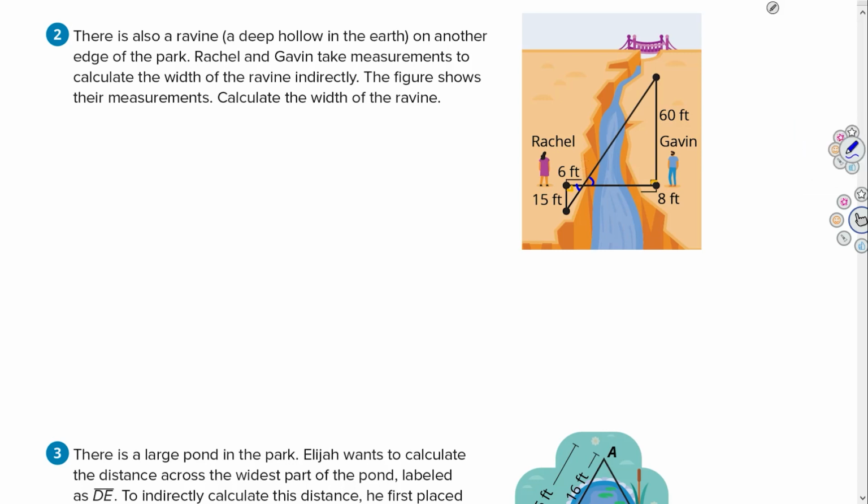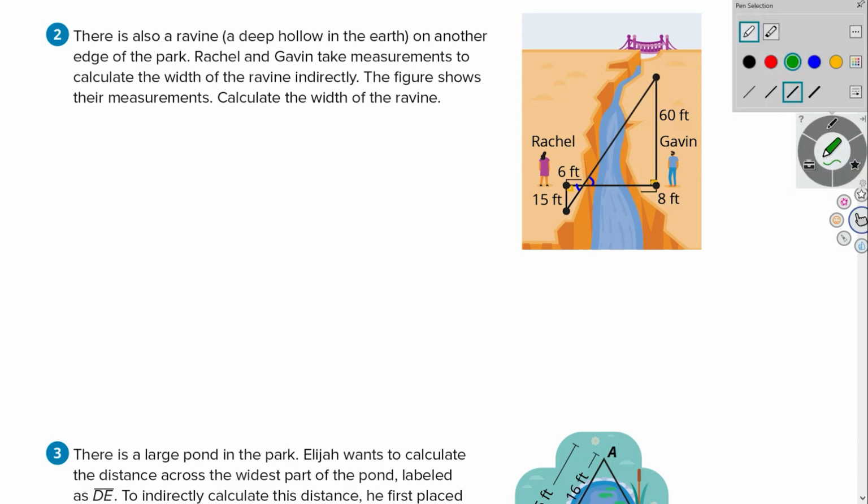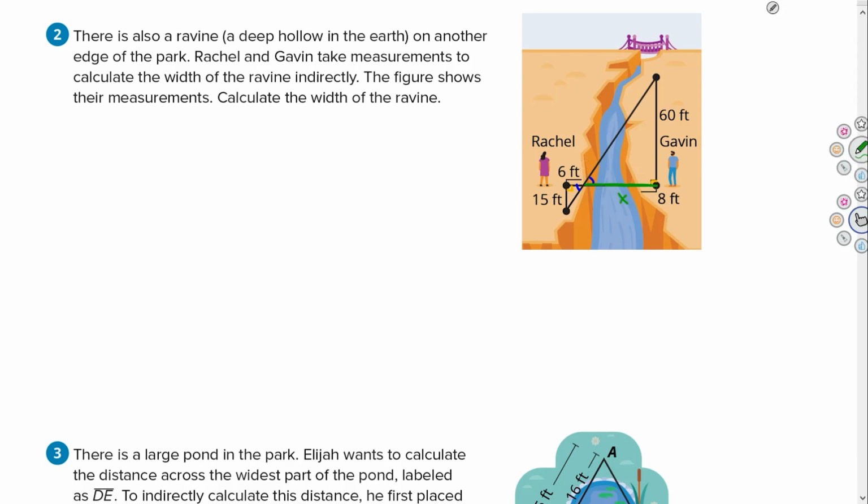And like we did last time, I'm going to find this length right here from Rachel's side all the way to Gavin's starting position. I'm going to call that x. And I'm just going to use corresponding ratios this time just to switch it up to keep you flexible. So x is the ravine length on Gavin's side divided by that similar distance on Rachel's side, which is 6.